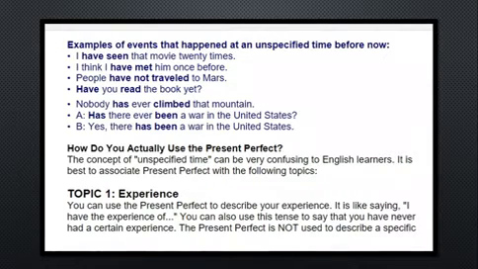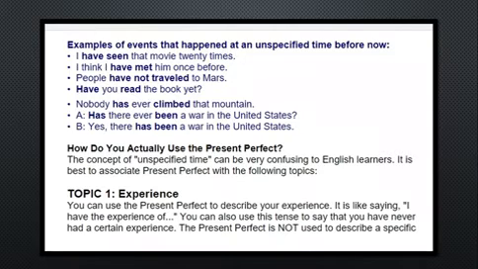Next, transparency. You have here examples of events that happened at an unspecified time before now. For example, number 1, I have seen that movie 20 times. I think I have met him once before. People have not traveled to Mars.